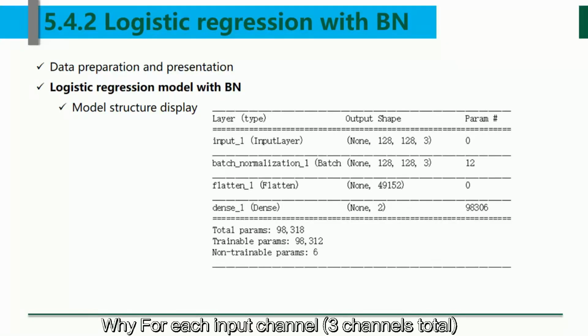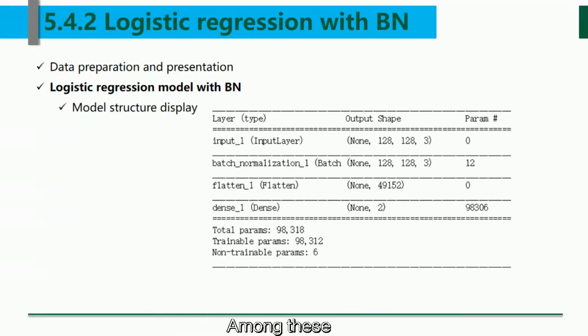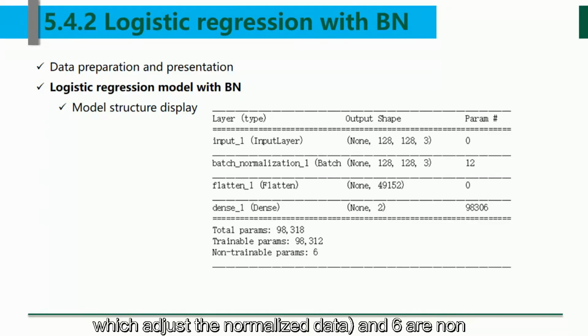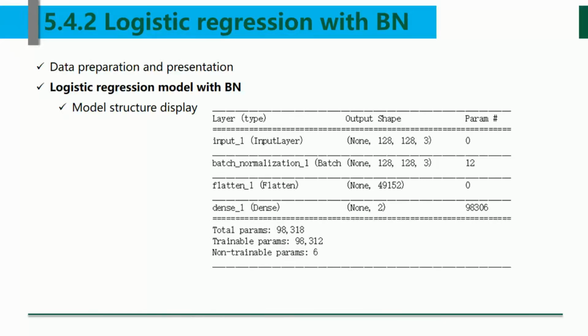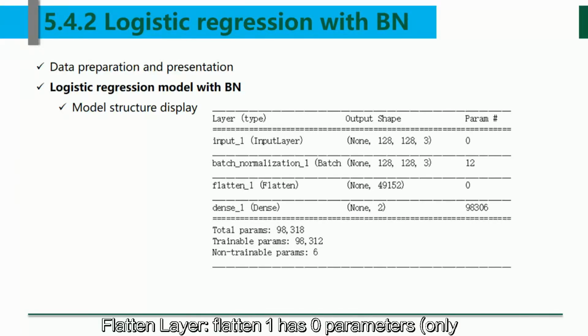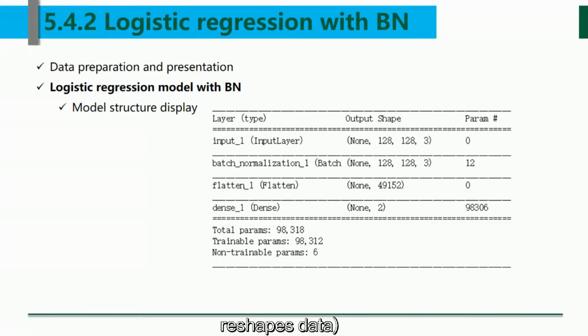Why? For each input channel, 3 channels total, BN has 4 parameters: gamma, beta, moving mean, and moving variance. 3 multiplied by 4 equals 12. Among these, 6 are trainable, gamma and beta, which adjust the normalized data, and 6 are non-trainable, moving mean and variance, updated during training. Flatten layer: flatten_1 has 0 parameters, it only reshapes data.